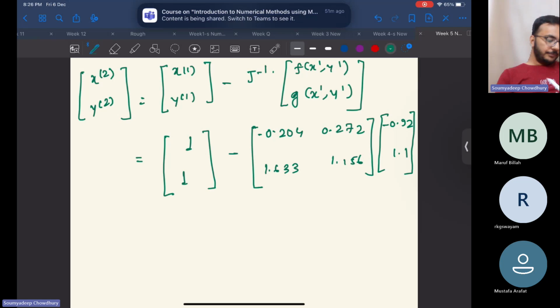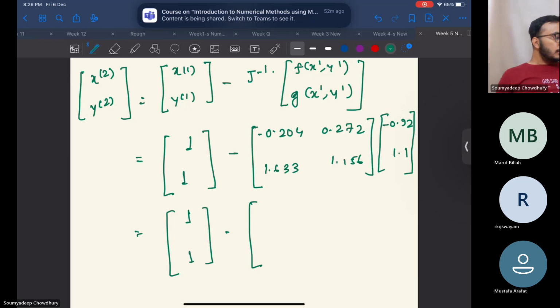So this is a normal matrix operation, right? It is basically 1, 1 minus this. If you multiply this, you will get 0.487 and minus 0.229.